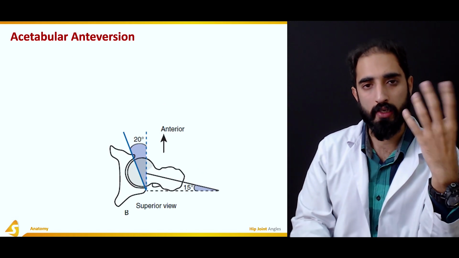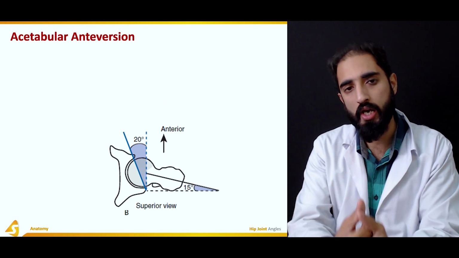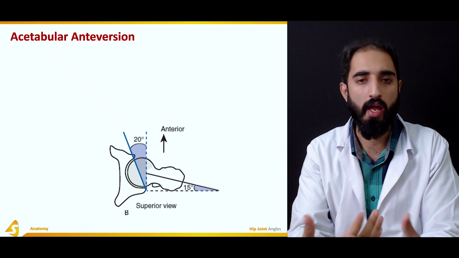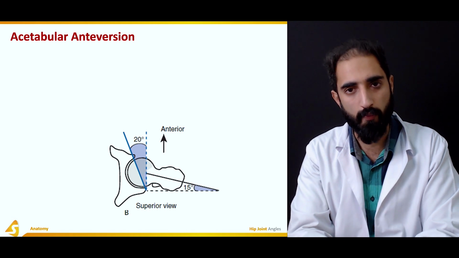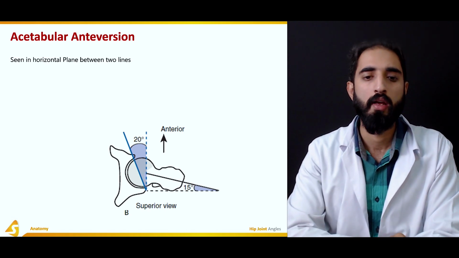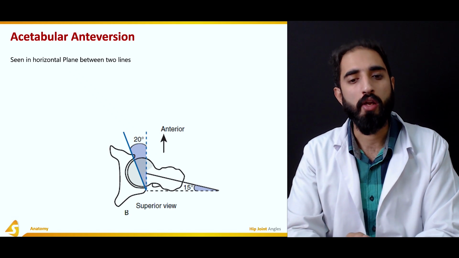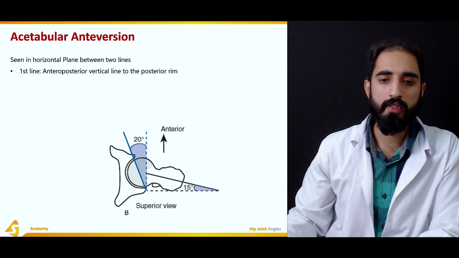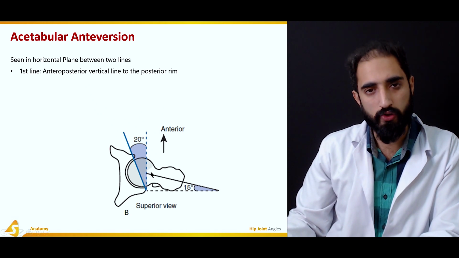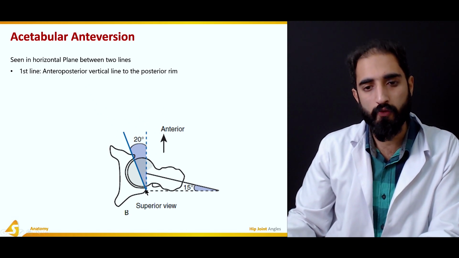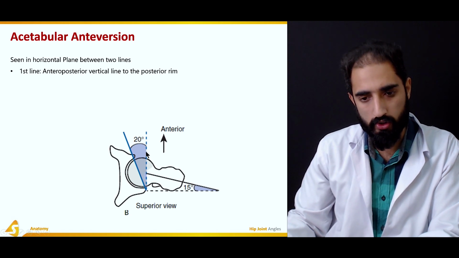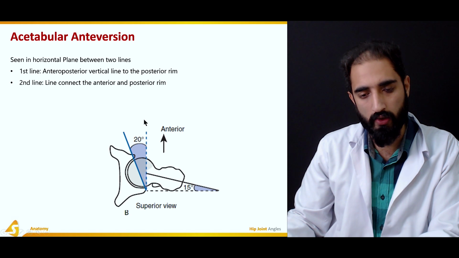Talking about anteriorly, that anterior orientation of the acetabulum is because of the angle of acetabular anteversion. Now, this angle can be seen in the horizontal plane between 2 lines. The first line is an anteroposterior line drawn from the posterior rim, and this one is a dotted line, as you can see here as well.